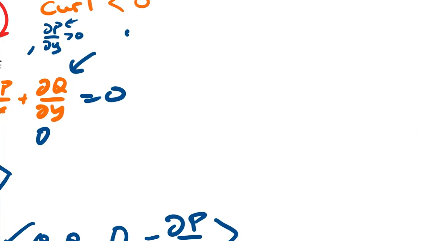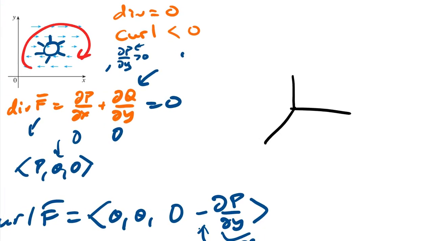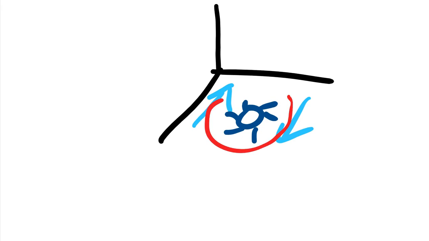So if you were going to look at this in 3 dimensions here, your vectors are going like this, and then they're going like this here. And so if you have your paddle wheel there, then it's going like this.